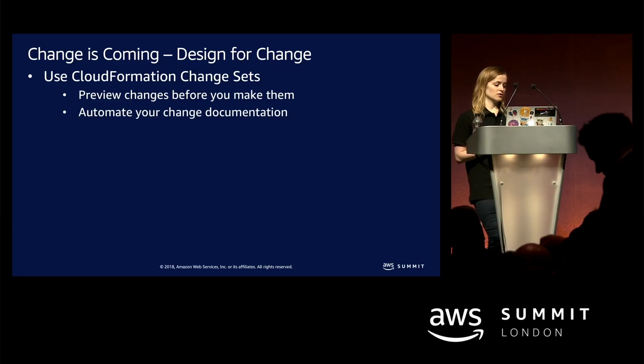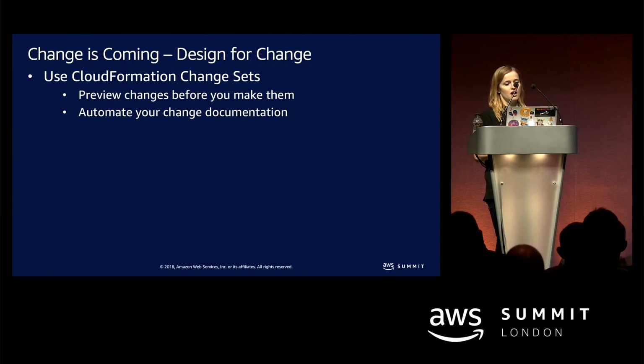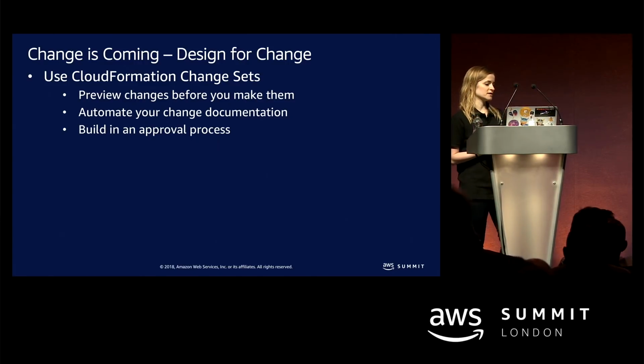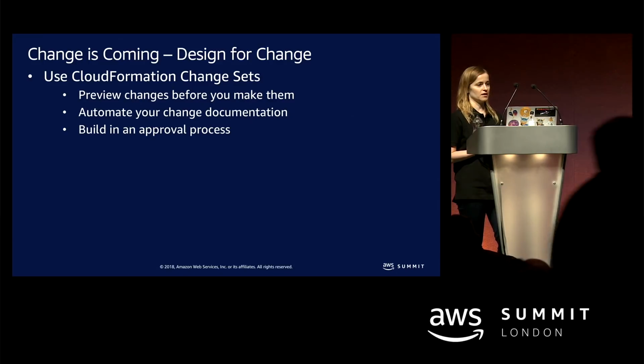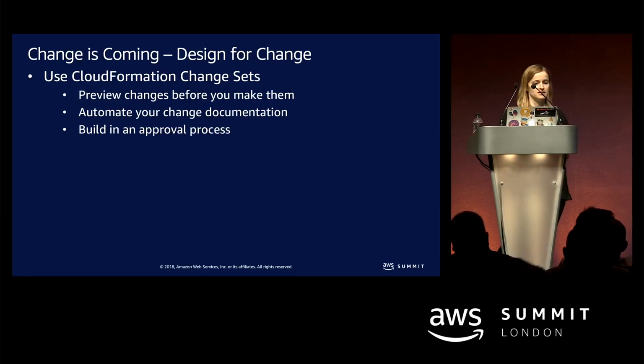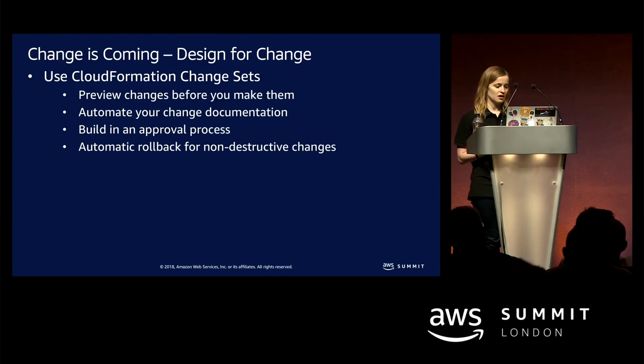You can also use this information for documentation, for example, to automate documentation. And because you have all the documentation around what resources will be affected, you can also build in an approval process if it is required, for example, for production database updates. And also you can do an automatic rollback for non-destructive changes.